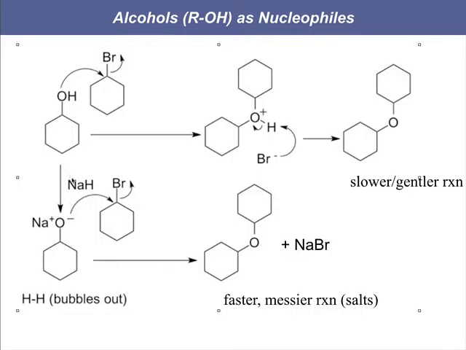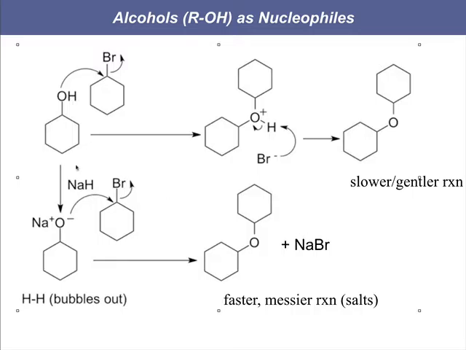We have sodium plus floating around here, which was originally paired with hydrogen. Hydrogen bubbles away. Na plus ends up being paired with O minus. O minus ends up getting paired with carbon. So now we have a bromide and Na plus. We have an ionic salt, a byproduct here. That's inorganic.